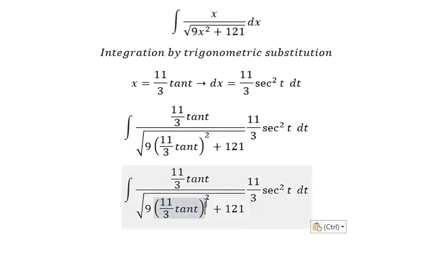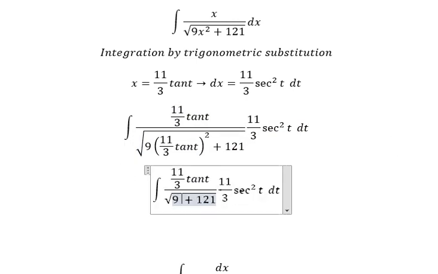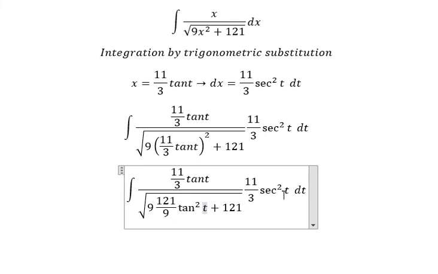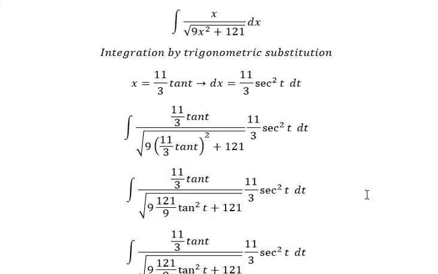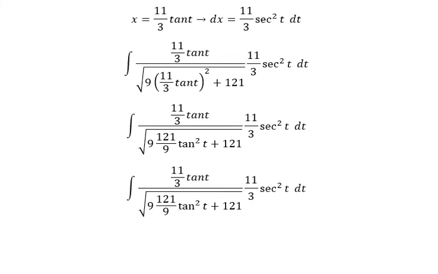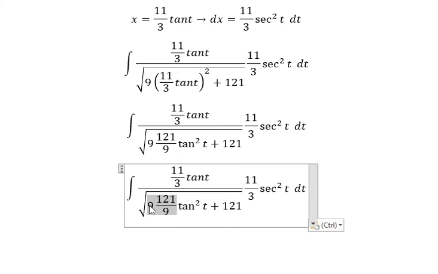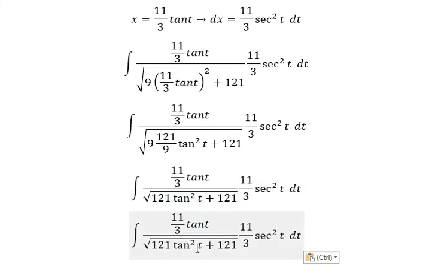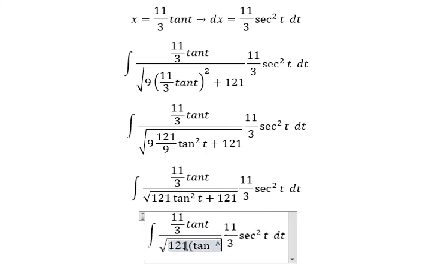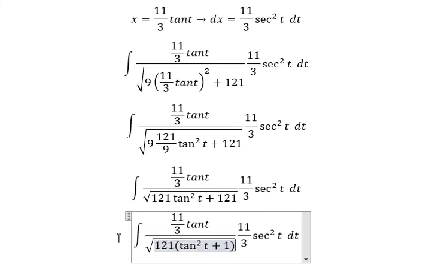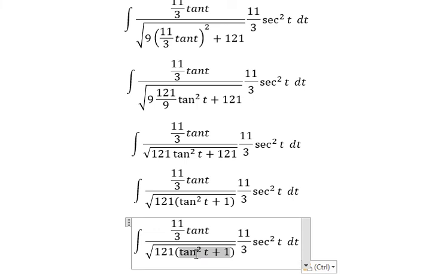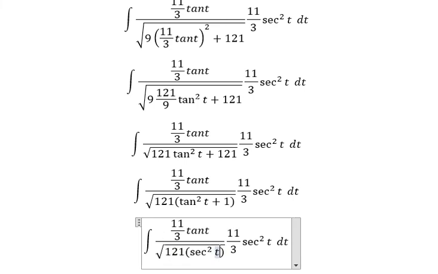This one gives 121 over 9 tan squared t. The 9 we cancel, and 121 we factorize. This gives secant squared t.